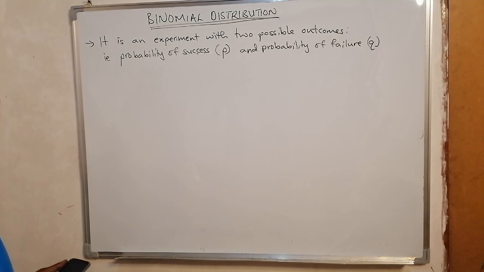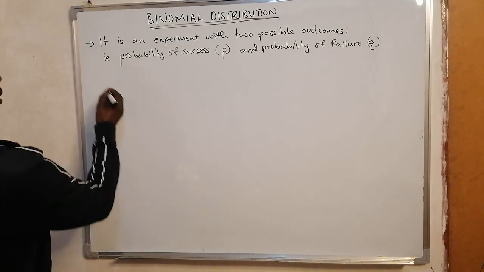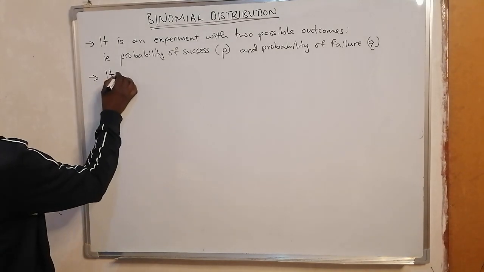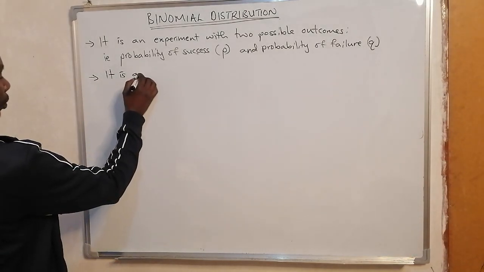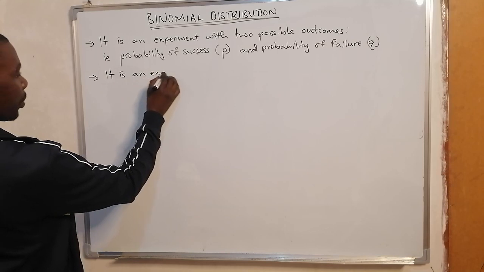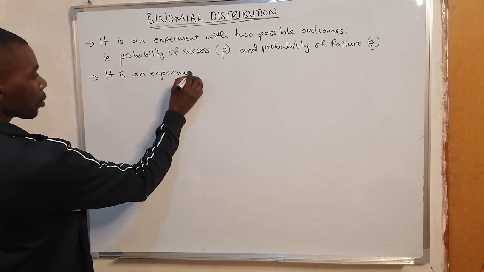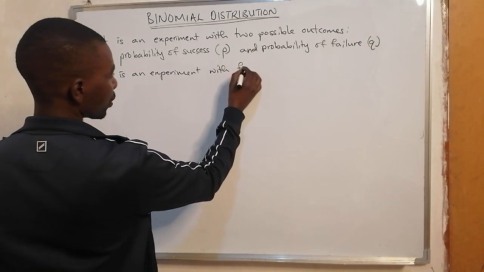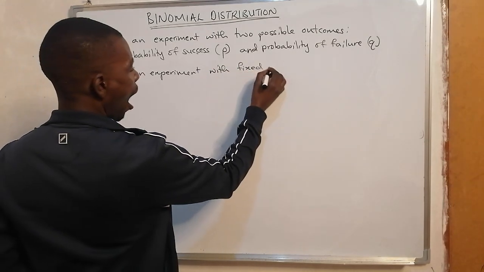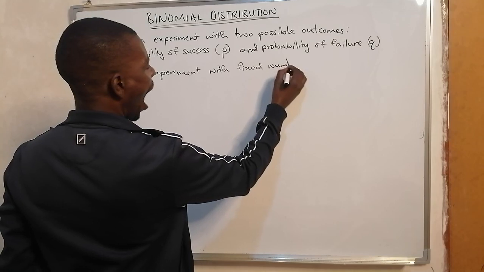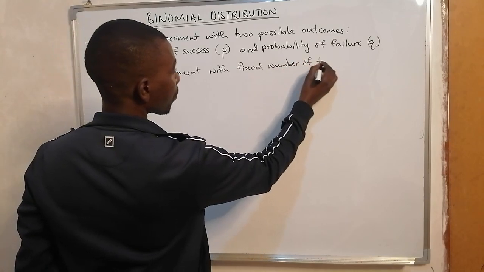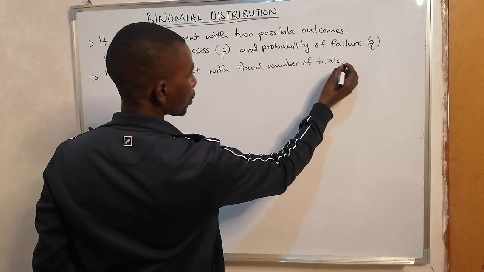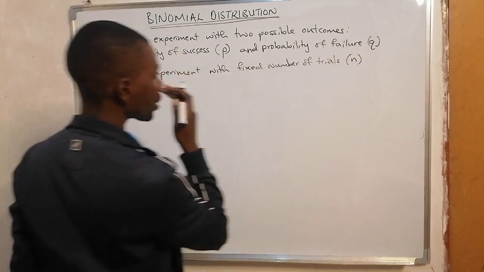Right. Also, it is an experiment with a fixed number of trials, which is called N, right?